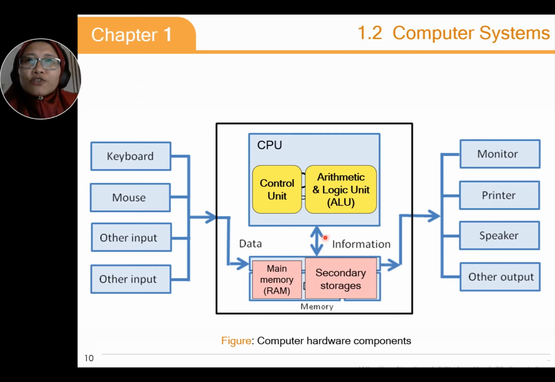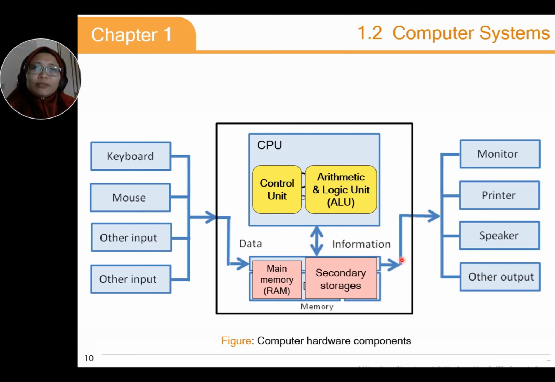All right. So after the CPU has done its job of calculating and organizing the tasks, because you can think of the CPU as the brain of the computer, it will send the processed data as information to be kept for a while in our memory. And will it stop there?